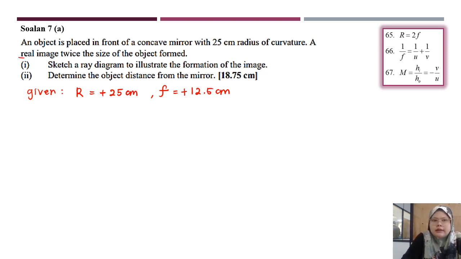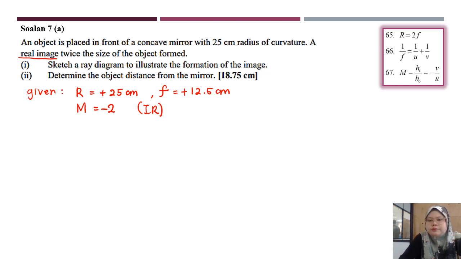And then you are given the real image, twice the size of the object. So the magnification is 2, but not only 2. Bila dia real, dia akan inverted juga. So the magnification is negative 2.